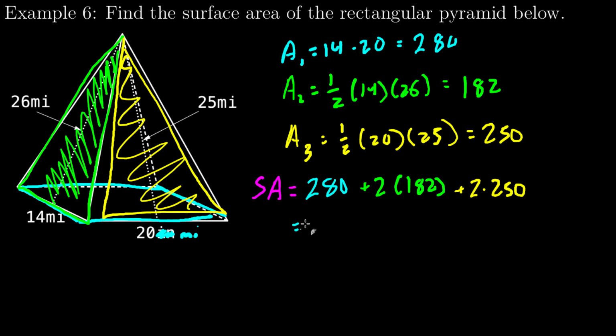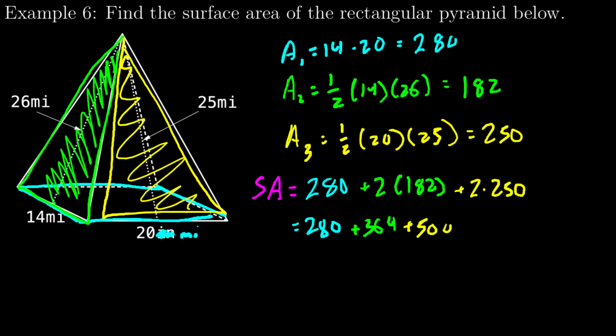So I still have 280. 2 times 182 should give me 364. Plus 364. 2 times 250 is 500.